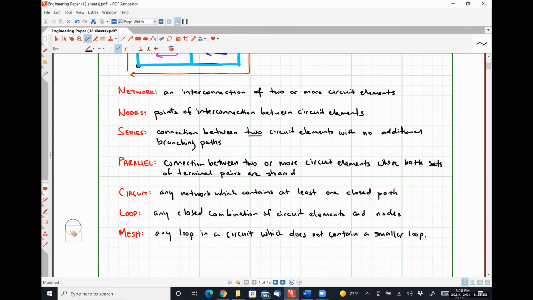They're that powerful, they're that useful. They are not wildly difficult to use, but they can provide us a ton of information about the behavior of a circuit.